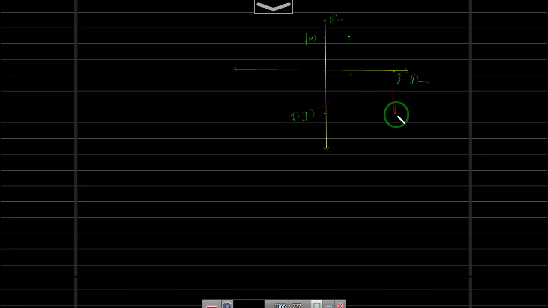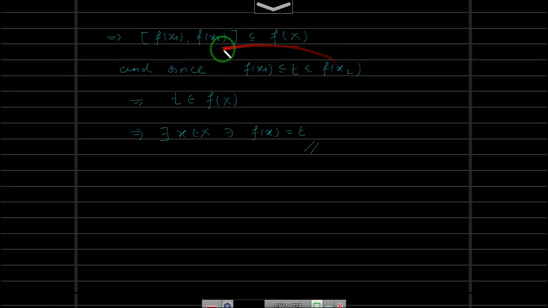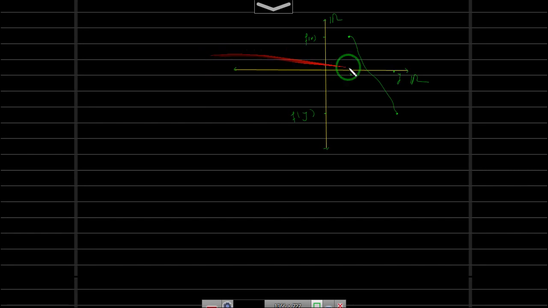Somewhere here. And suppose f is continuous, then obviously it will be something like this, or maybe some other things. But since f(X) will be an interval, I mean the set which joins f(x), f(y), an interval like this, it will assume all the values in between f(x) and f(y).